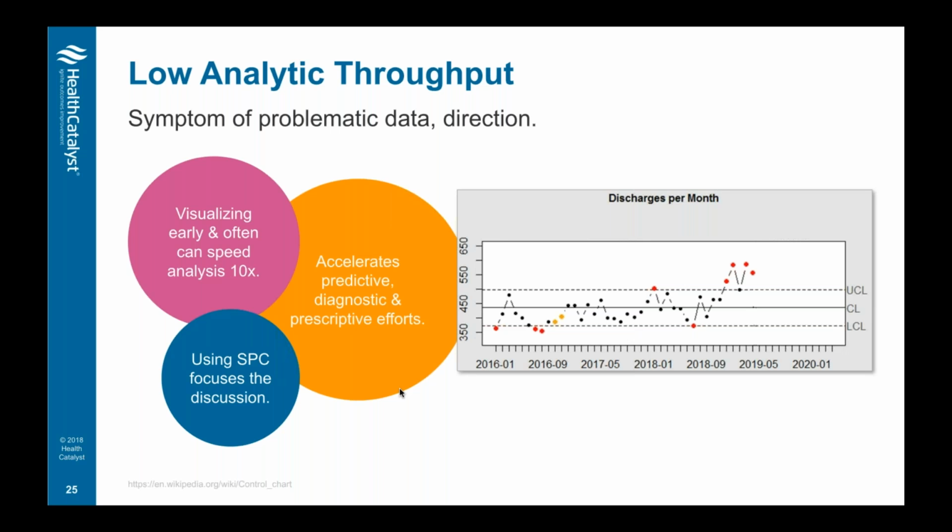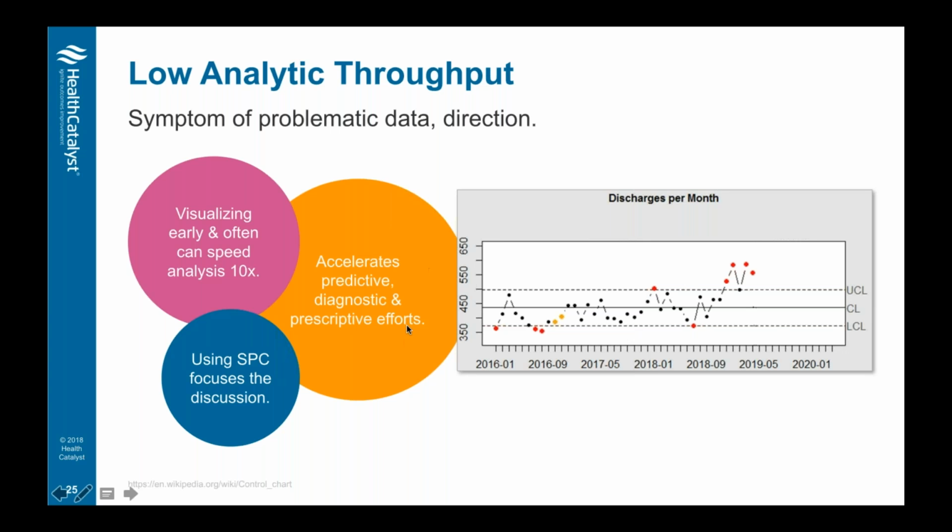We would have had to define what counts as a readmission, what counts as a long length of stay, what counts as a mortality. And so we would have already started with those population and outcome definitions, and that can immediately shave off months and months of back and forth, or even having accidentally provided the wrong answer because we thought we knew what people meant by a discharge or a readmission when we really didn't.